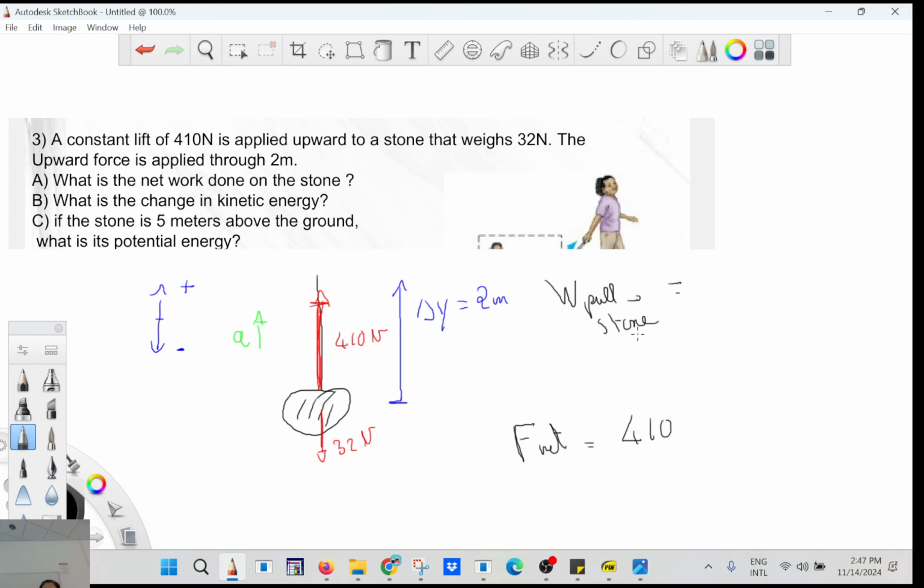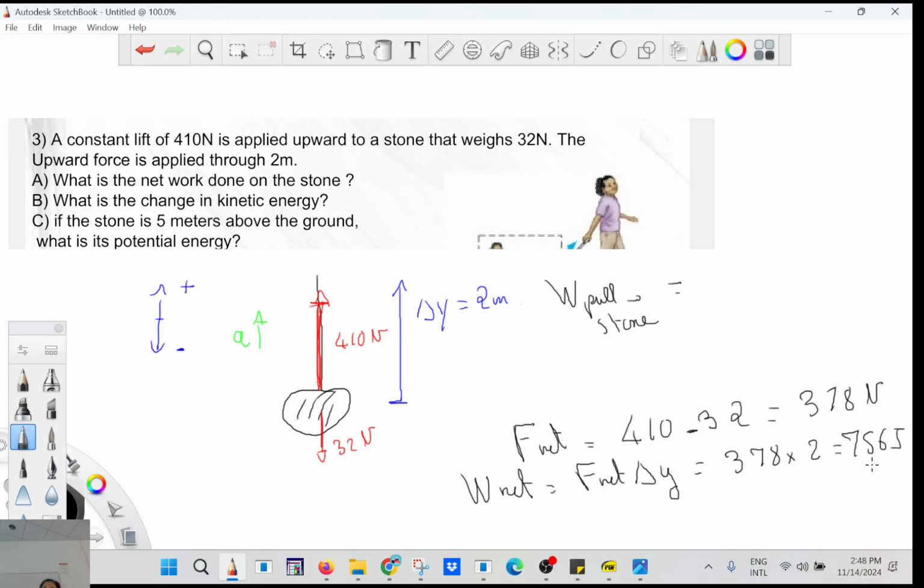So the net force is 410 minus 32, which is 378 newtons. So the net work will be equal to the net force times your delta y, which is 378 times 2, joules. So that's one way to do it. Maybe the easiest way.